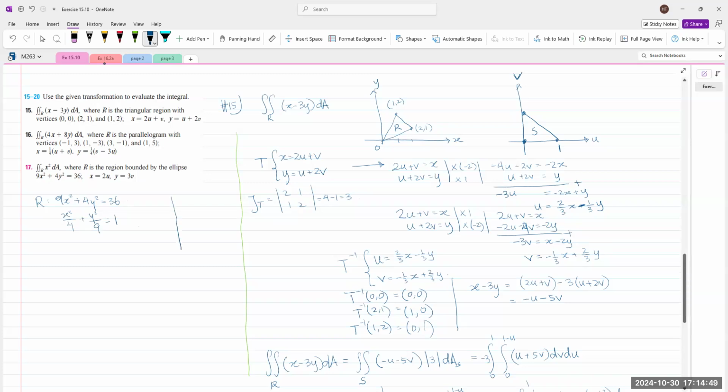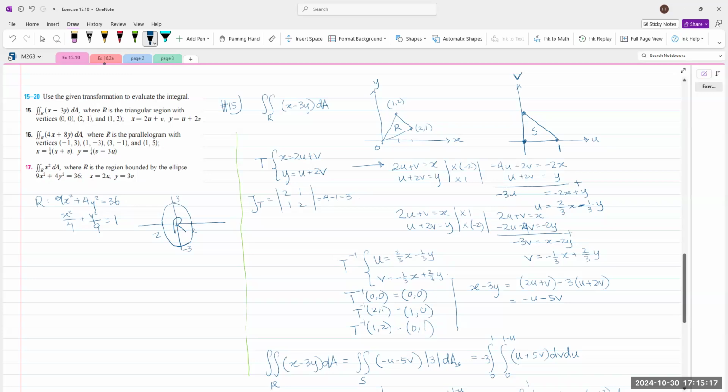So it is an ellipse, center at origin, with x vertices (negative 2, 0) and (2, 0), and the vertices on the y-axis are (0, 3) and (0, negative 3). So that's what it looks like. That's the R.